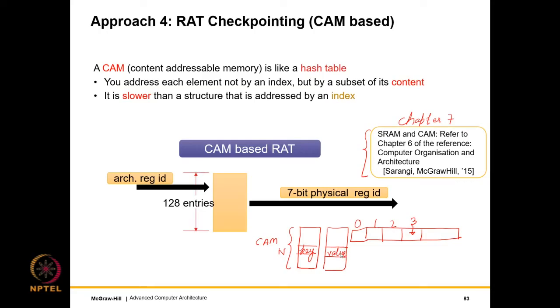In many cases, the value field can be empty. We just search by the key, and the index in which the key matches, that is the value. In many cases, that is what we want. We want to find out where the key is in a large array. If it's at the 59th entry, the value is 59. That is a legitimate variation of a CAM array.